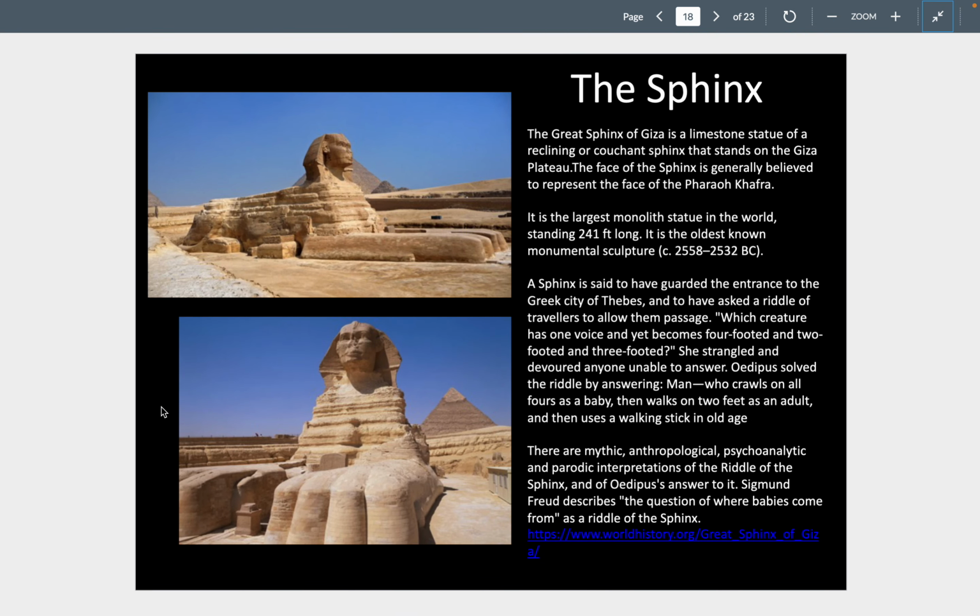So the Great Sphinx outside of the pyramids is a limestone statue of a reclining lion, a sphinx, standing on the Giza Plateau. It's about 240 feet long and is guarding the entrance to the Greek city, the later Greeks will conquer Egypt, of Thebes, and is asking riddles of travelers, allowing them to pass.